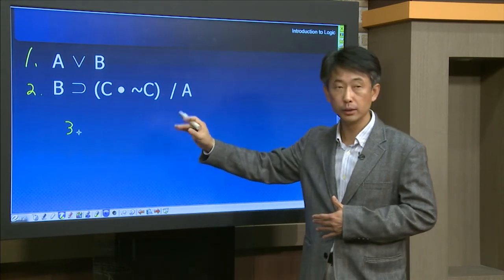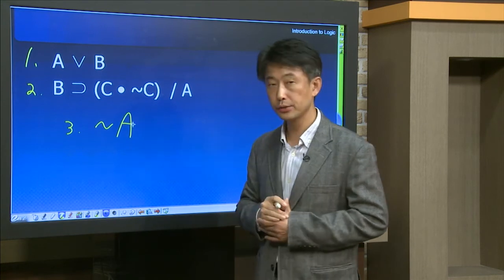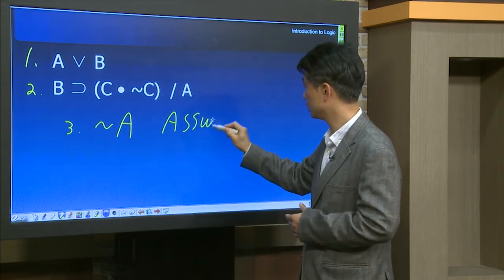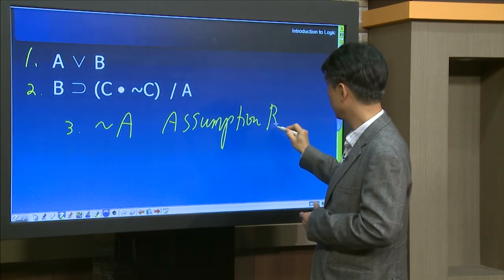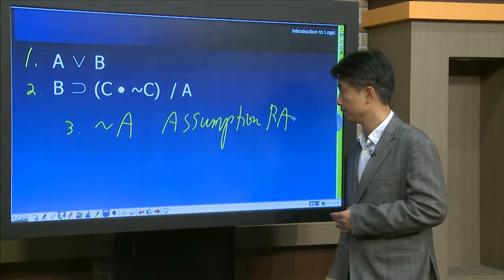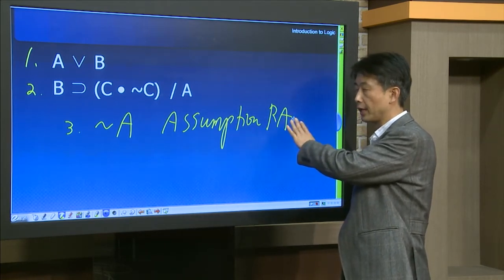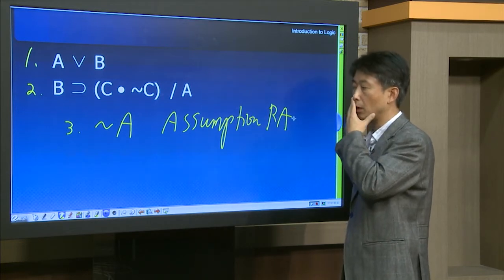Conclusion is A, so I start by assuming the negation of A. Okay? Again, you say assumption RA. I'm using RA, and RA says I can start by assuming the negation of the conclusion.